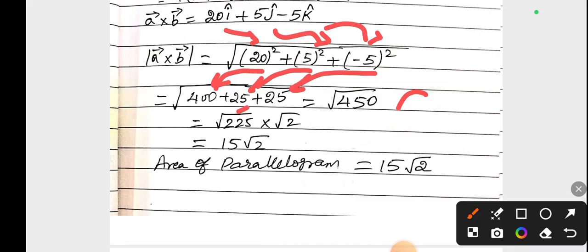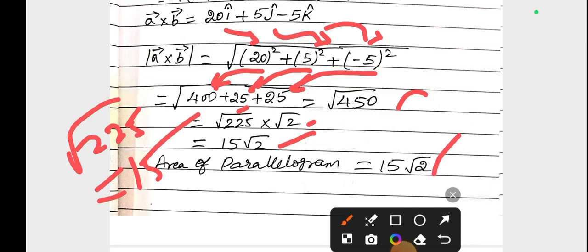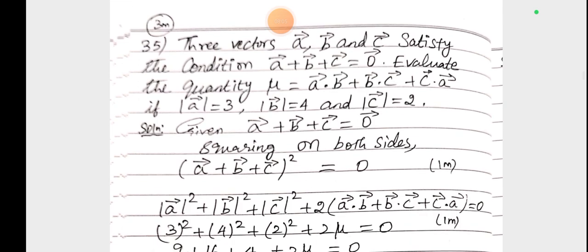Then say root 225 into root 2. The value of root 225 is 15, we all know, children. So 15 root 2. So the area of parallelogram is 15 root 2. Even we can write it as square units. Clear, check. So 34th both we are done.